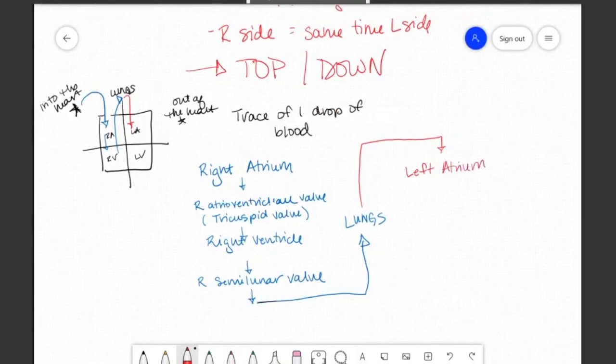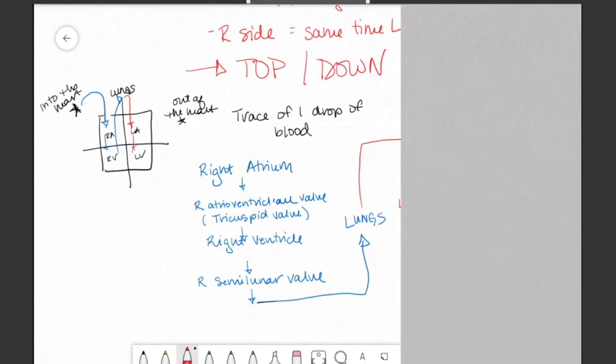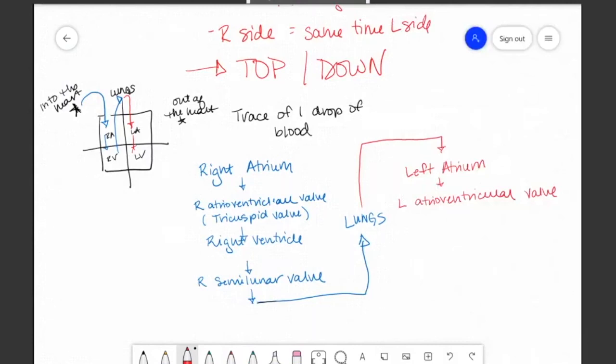And then it's going to go through the doorway right there. That doorway is going to be called the left atrioventricular valve, also known as the bicuspid valve. Also known as the mitral. Remember, it had multiple names.